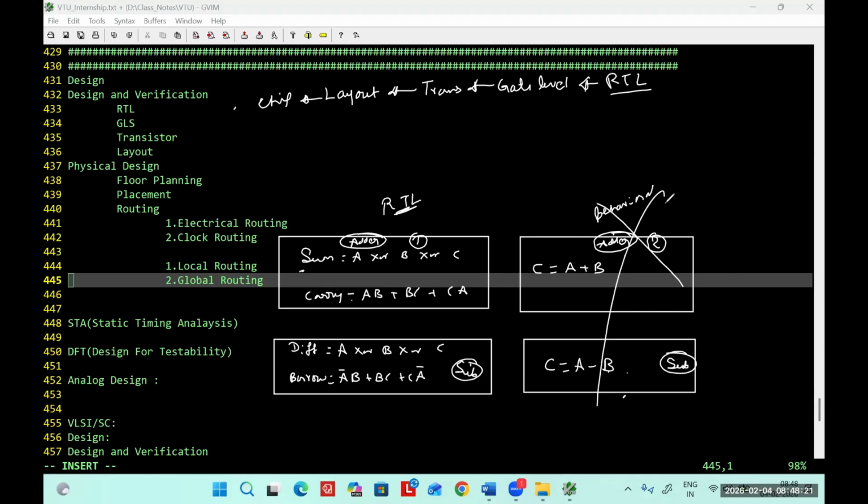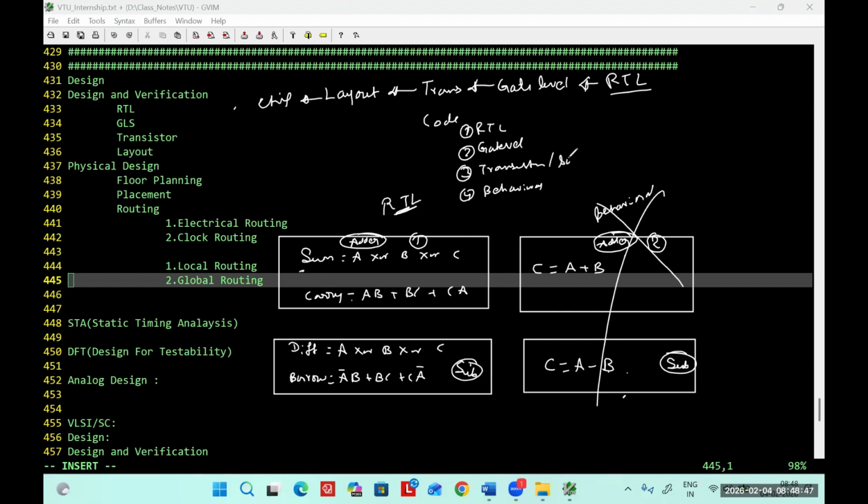Clear? So first, what will you do now? Design, in which format? Design can be done in RTL. You can write the code in RTL, in gate level, in transistor level, or in a behavioral model.